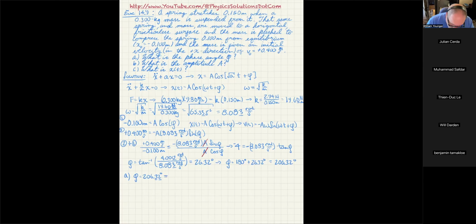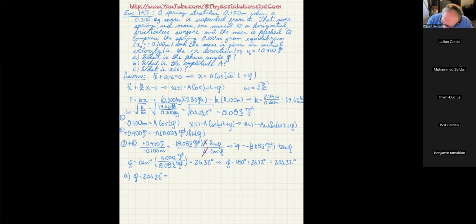But now to convert that into radians, I'm going to multiply it by pi and then divide it by 180. So it's 180 plus 26.3. Actually, that was supposed to be 33. I'll keep that, but it was really supposed to be 33.